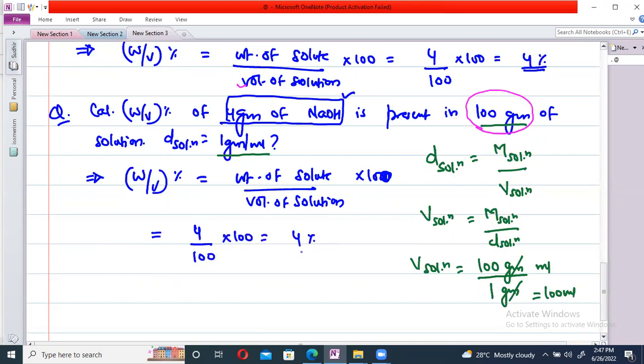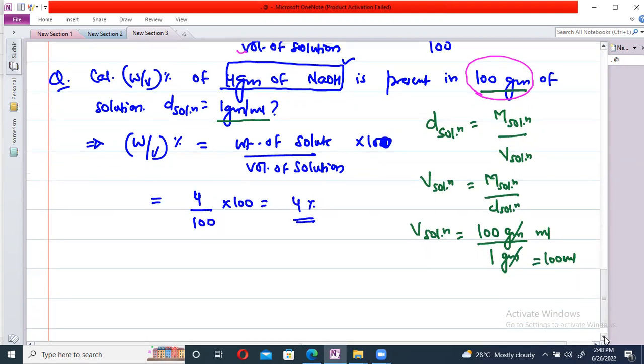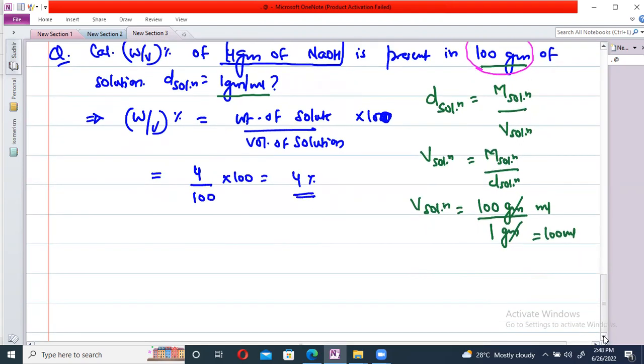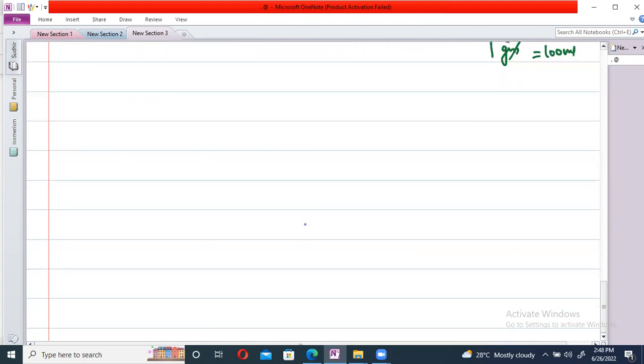I will again get 4% W by V. So this is the way to calculate. If the density and mass of the solution are given, this is the formula we use to convert the given mass of the solution into volume of solution. So the second part we'll see now. After W by V, the second part I want to discuss with you.